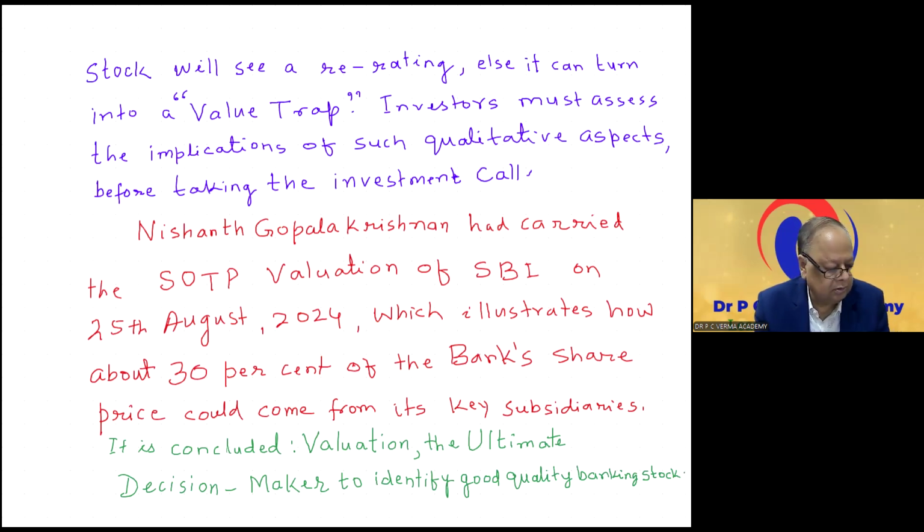Thus, we come to the conclusion that in spite of several ratios we have examined in earlier classes and noted here also in the first paragraph, all these six ratios which are used for the calculation of efficiency and performance of the banks and quality of the bank, Nishant Gopalakrishnan had carried out in-depth research, and he finds that SOTP valuation must be taken as the ultimate decision maker to identify good quality banking stocks.